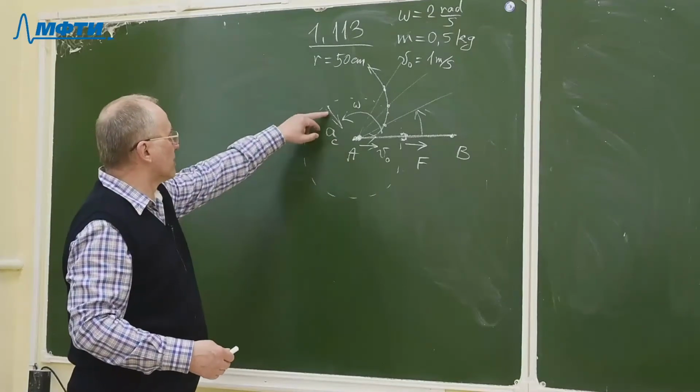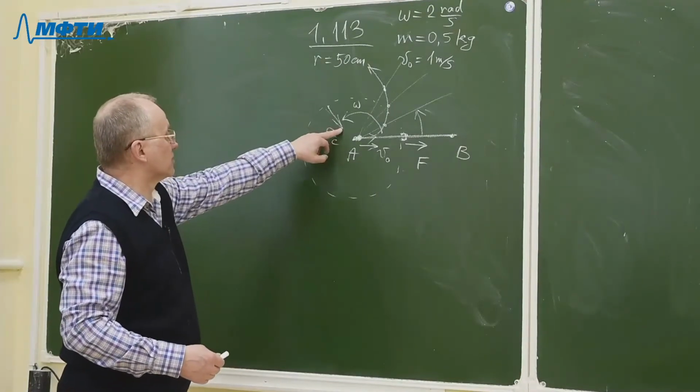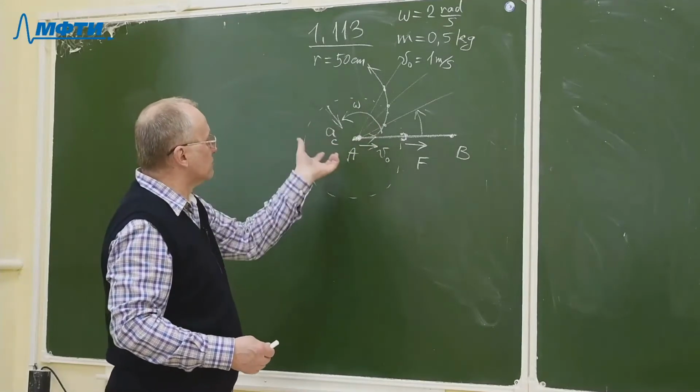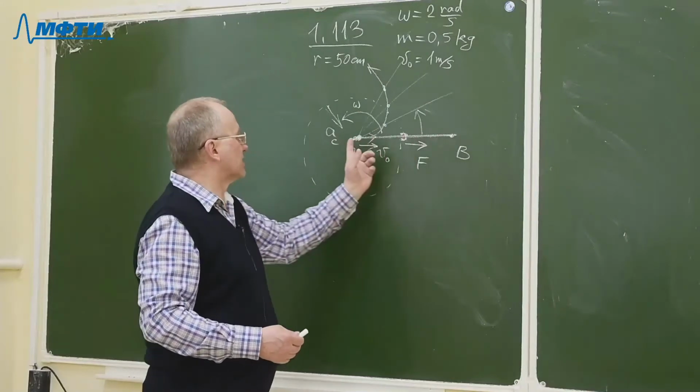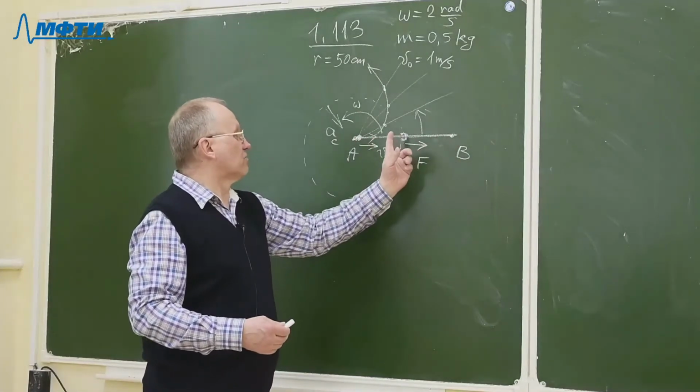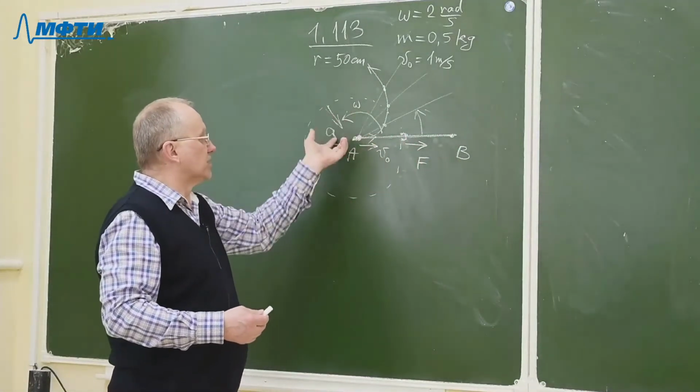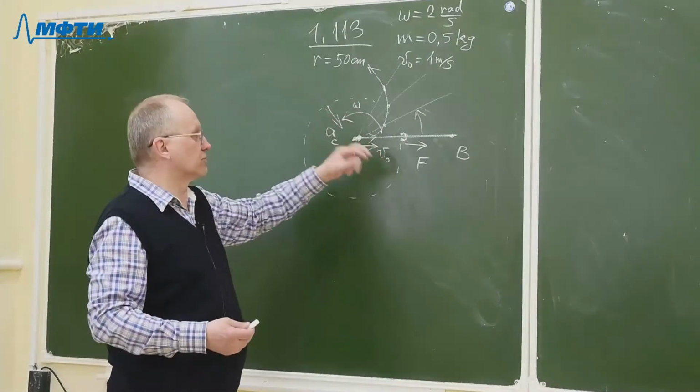In an inertial reference frame, there is a centripetal acceleration, but in a rotating reference frame, there will be a force which will be attributed to a centrifugal acceleration from the point of view of the rotating observer who is here in the non-inertial reference frame.